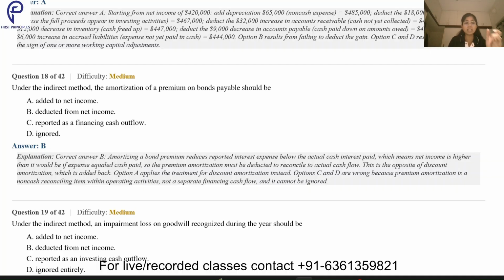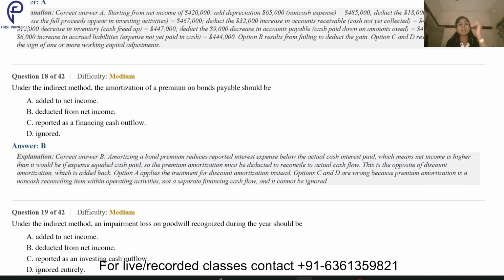Now, what do we do when we are paying interest on the bonds? Because we have borrowed money from the public, we need to pay interest on that money. Whenever we are taking a loan, we have to pay interest. Now whenever we are paying interest on these bonds, we need to deduct some bond amortization amount from the interest amount.